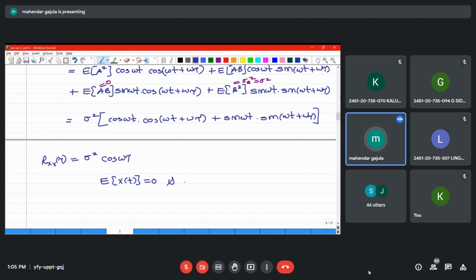This is verified. And the autocorrelation function is a function of tau only. So with this, what can we conclude? Xt is a wide sense stationary random process.